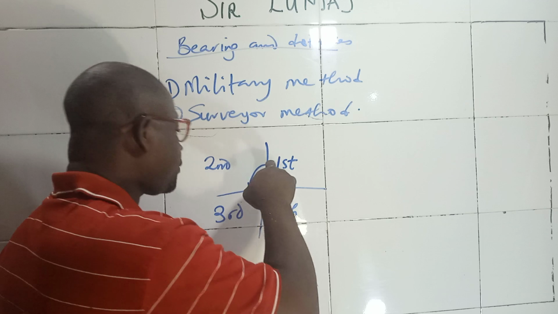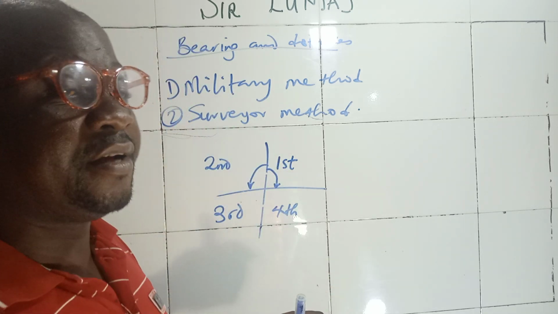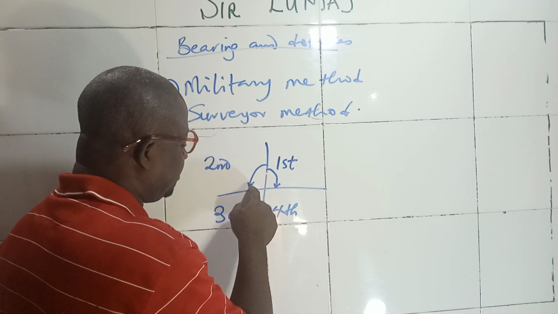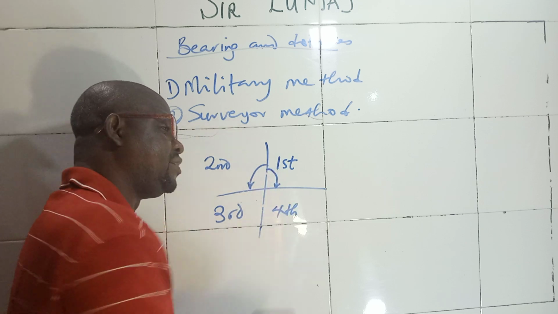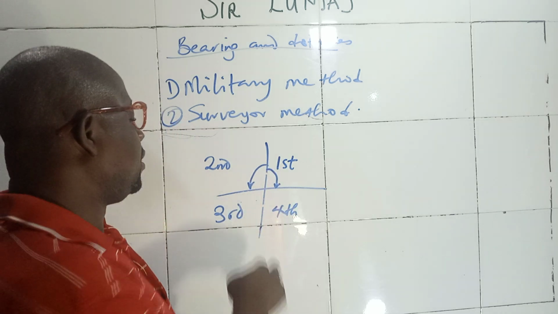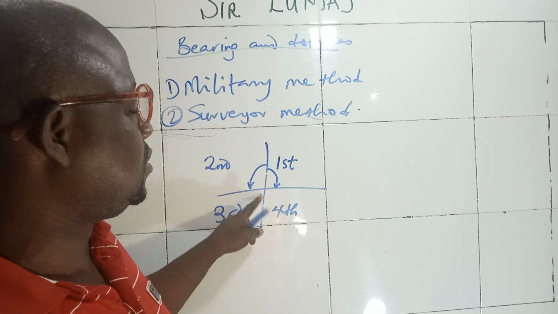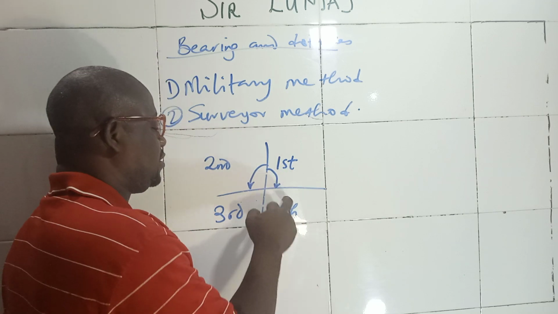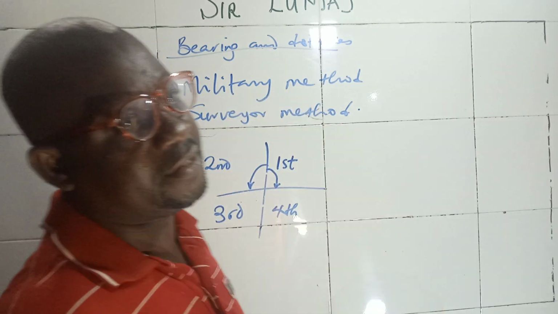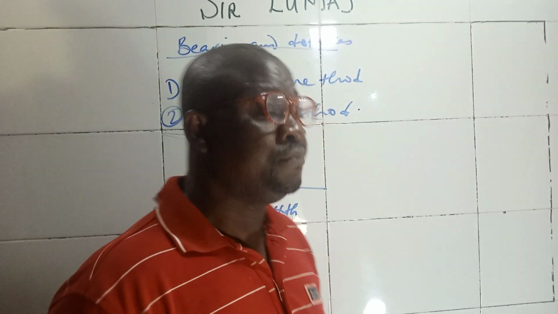Whether you go in a clockwise or anti-clockwise direction, each step is 90 degrees. Everything forming an angle at a point, the angle at a point is equal to 360, because by the time you add 90 four times, you have 360 degrees.